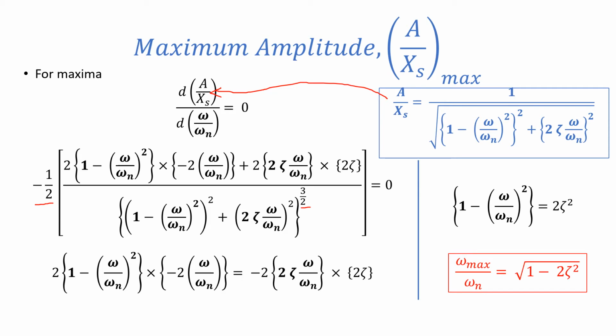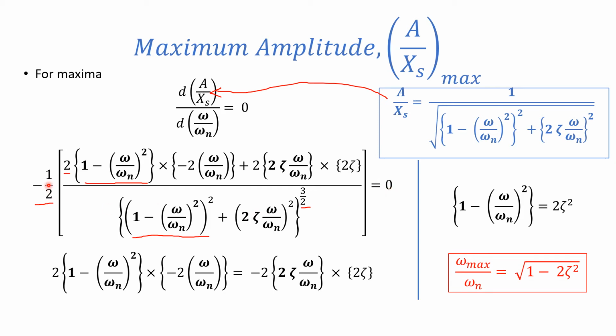So we get 2 into 1 minus omega by omega n whole square into the derivative of this term, which becomes minus 2 omega by omega n, plus 2 times 2 zeta omega by omega n into the derivative of this term, 2 zeta. We put this equal to 0.